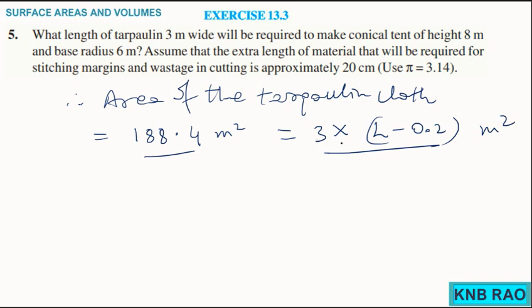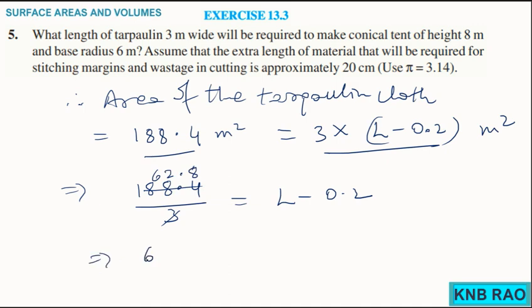Now, here 3 is multiplying, if it comes to this side, it does division. So 188.4 divided by 3 is equal to L minus 0.2. 3 6s are 18, 3 8s are 24.